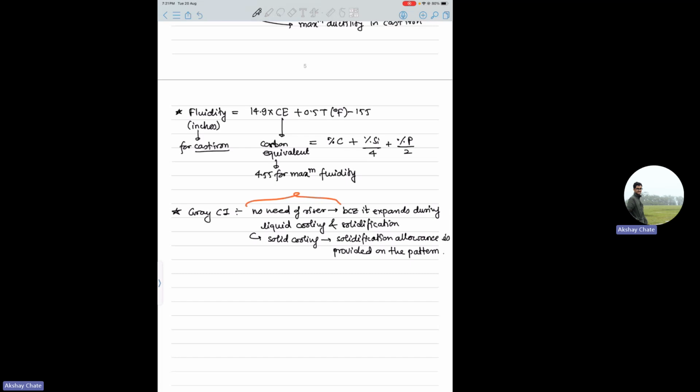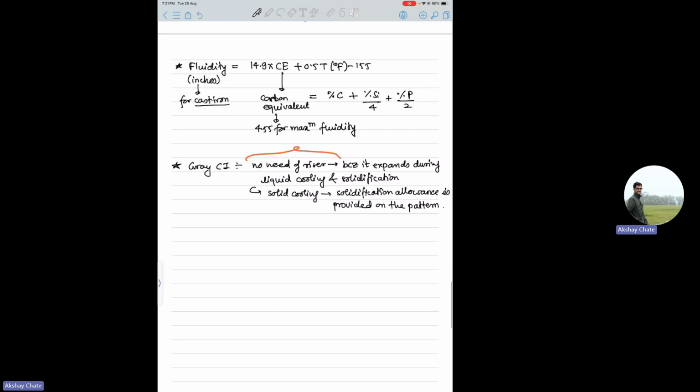Then there is some discussion on steel and non-ferrous castings. Steel, as I said, has higher melting points compared to cast irons. But there are types also.